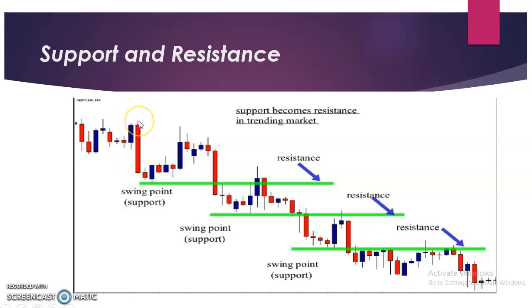If you want to draw your resistance point, you're going to mark this particular place as your resistance point. Now, price got into this particular point and it began to rally to the upside. This place is your support. You understand that?